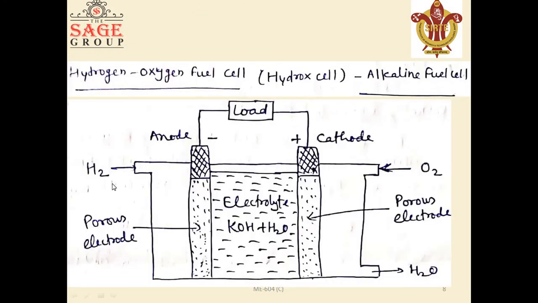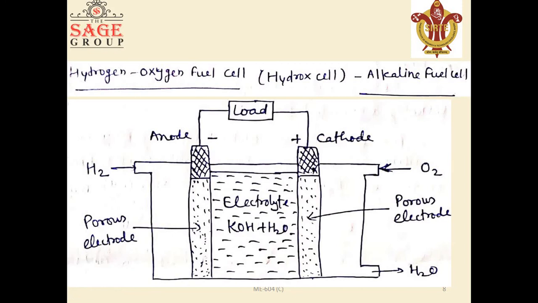Now we are starting the hydrogen oxygen fuel cell, that is the H2O2 fuel cell, or we can say the alkaline fuel cell. Here you can see the diagram of the H2O2 fuel cell.